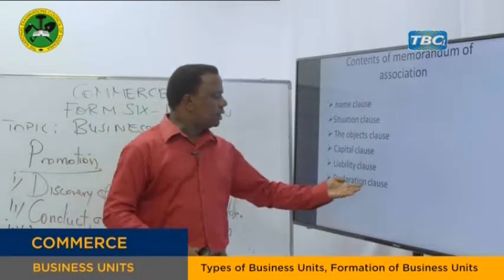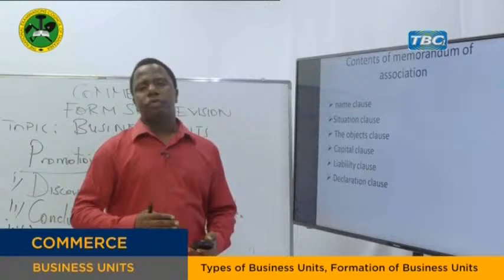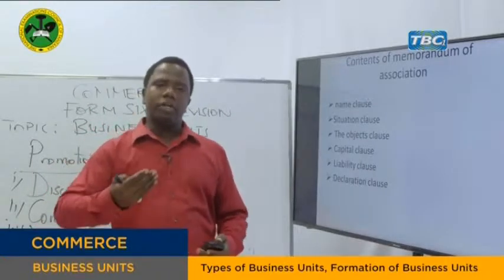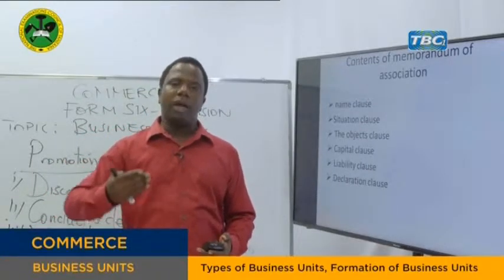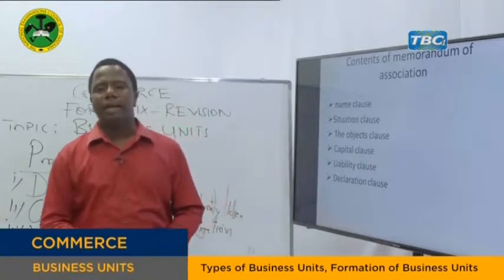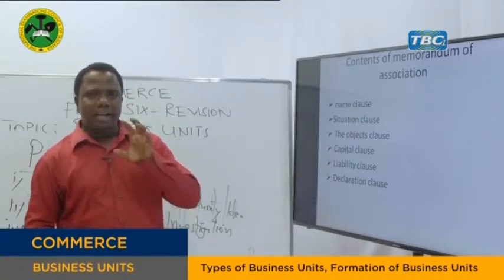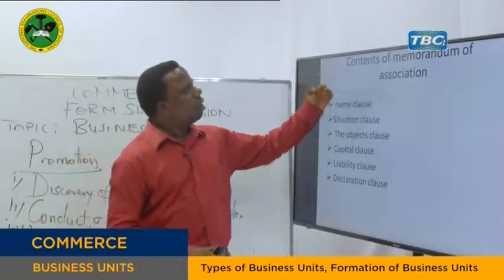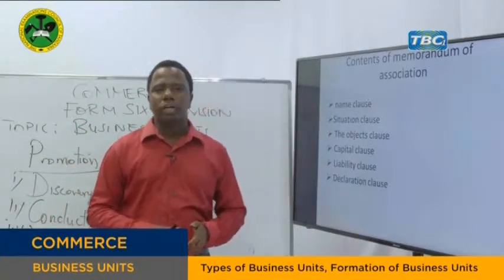And the last one is the declaration clause, which shows the declaration of members, showing their commitment in that company by signing that document. So my dear students, these are the contents of the Memorandum of Association.